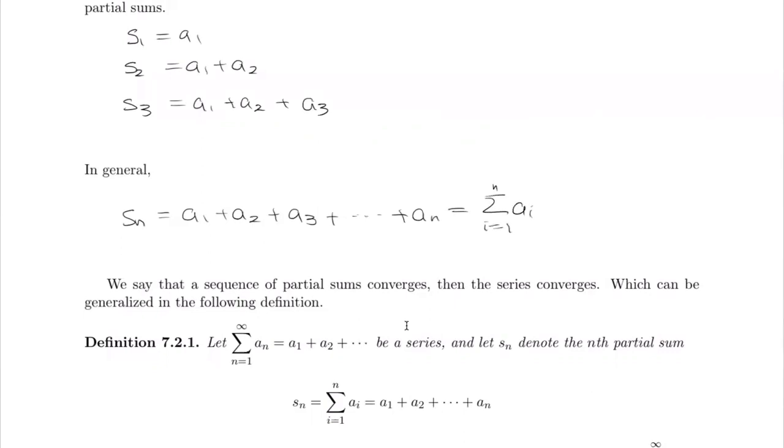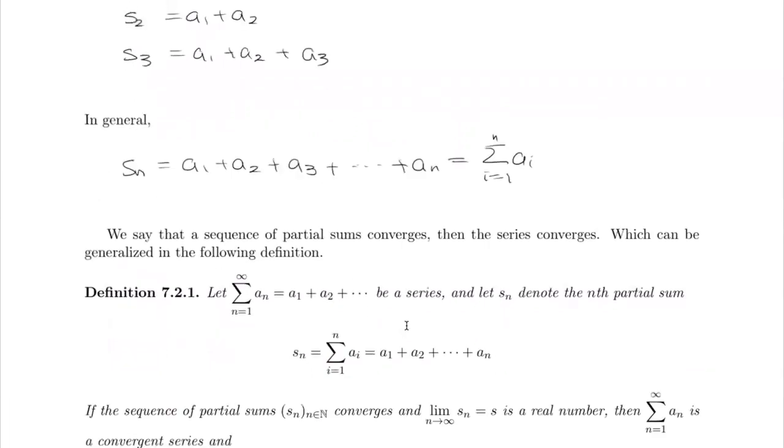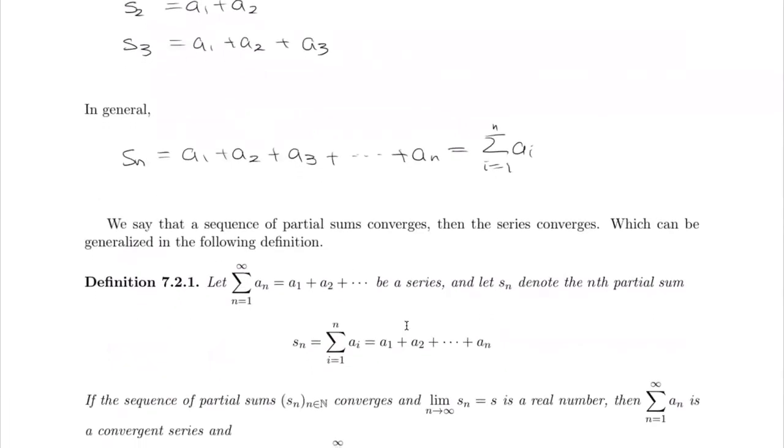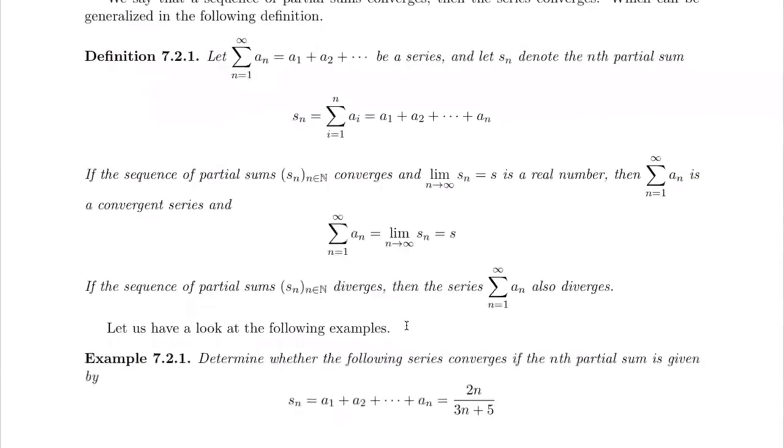This is called the sequence of partial sums, and we say that if the sequence of partial sums converges, then the series itself would also converge, which we can define using the following definition. Let the sum from n equals 1 to infinity of an be a series, and let Sn be the nth partial sum given by this expression over here.